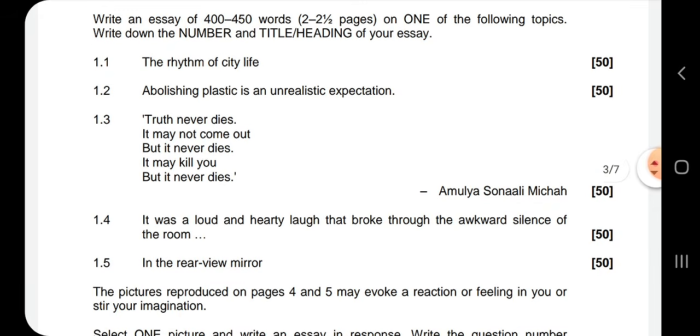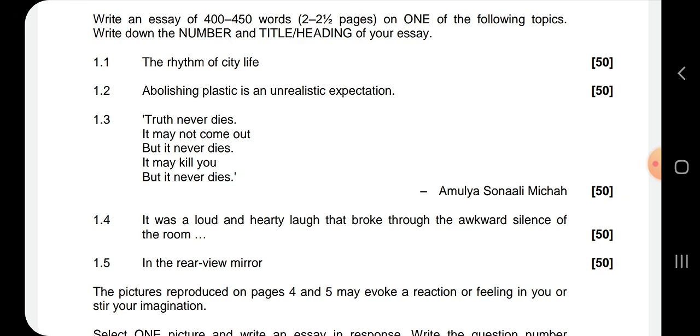You can do a descriptive essay where you describe something. Maybe say 1.1, you do a descriptive essay, the rhythm of city life, or you do a narrative essay where you narrate a day or your city experience. Or you describe a city, or you argue an argument, or let's say a reflective essay.